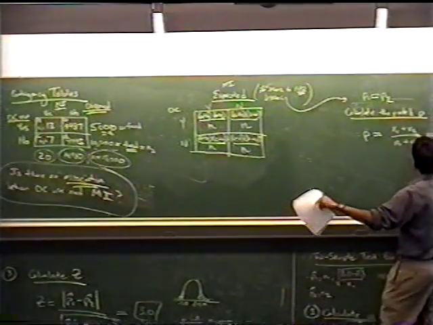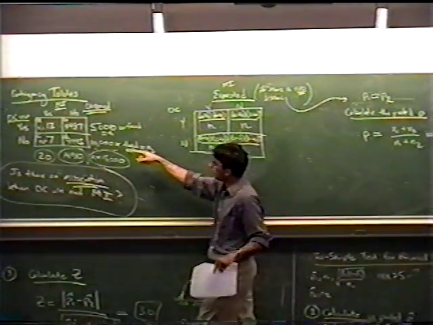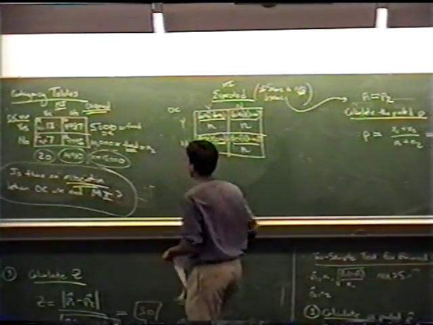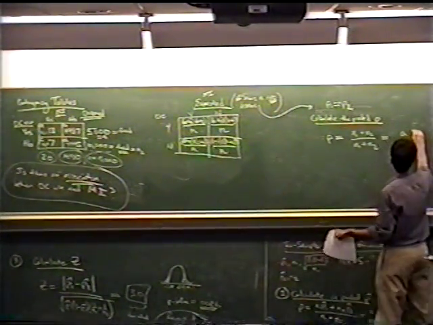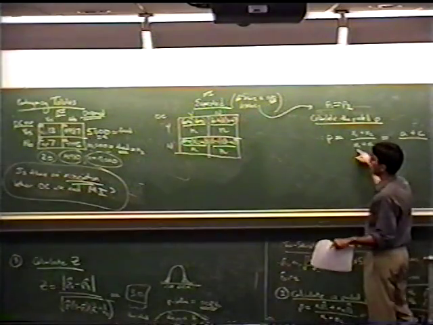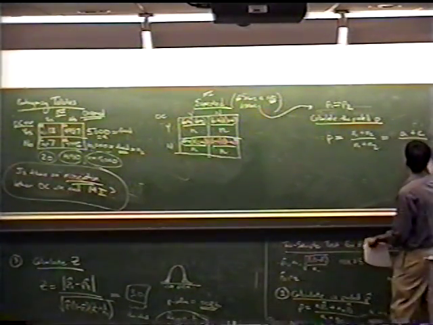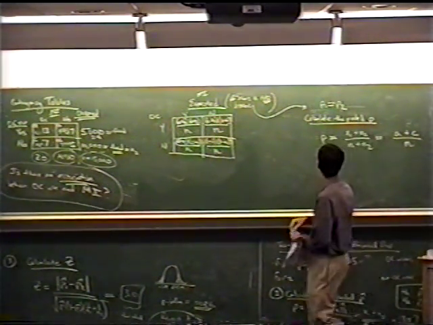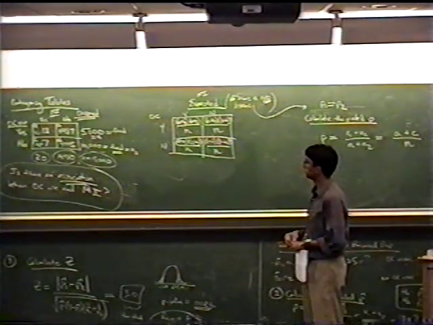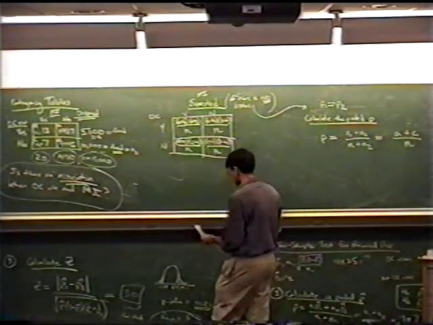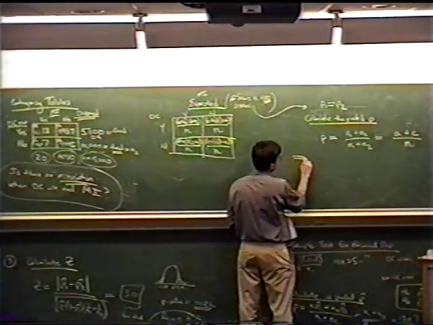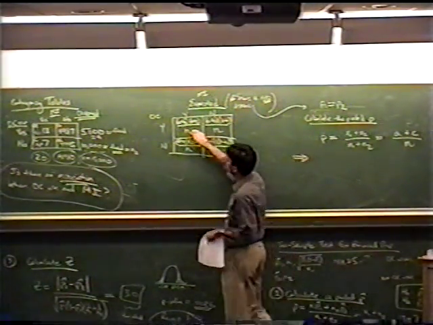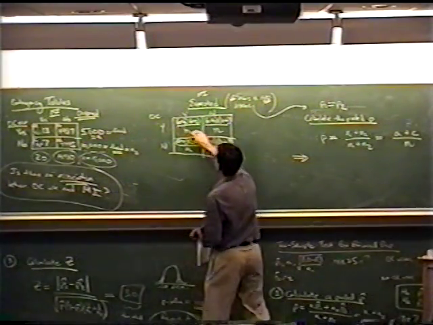So let's convert this equation into our values A, B, C, and D. X1 is just A, X2 is just C, and N1 plus N2 is just the total N. Okay? So that's our probability there. Then, what we can say is, what do we expect X1 to be?